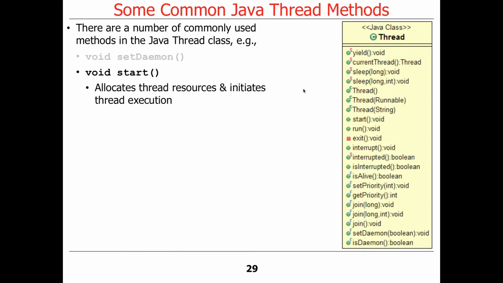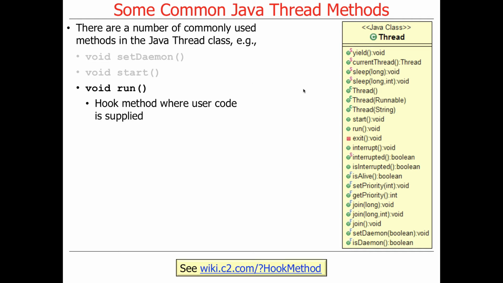We talked about start before. Start is used to allocate the thread's resources, and it initiates the thread execution. When you call start, then the run hook method will be called back automatically by the execution environment, by the Java virtual machine, for example, and that's where you provide your code, the user code. And this is typically called a hook method.